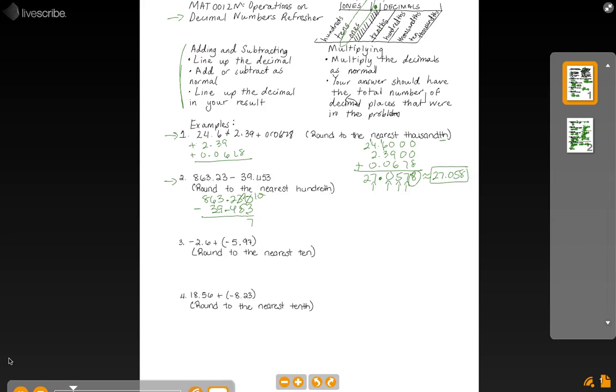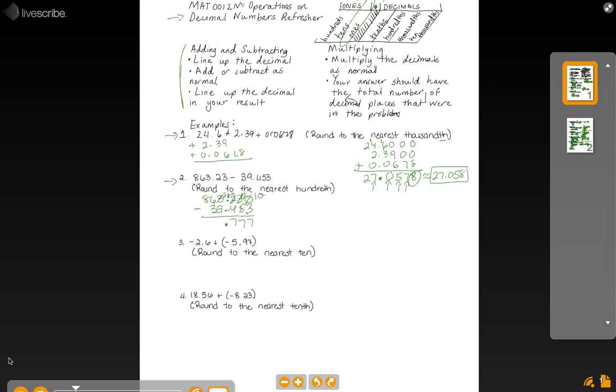And again, I can't subtract the 5 from the 2, so I need to borrow, make that a 12. 12 minus 5 is 7. I cannot subtract a 4 from a 1, so I need to borrow. Makes it 11. 11 minus 4 comes out to be 7.